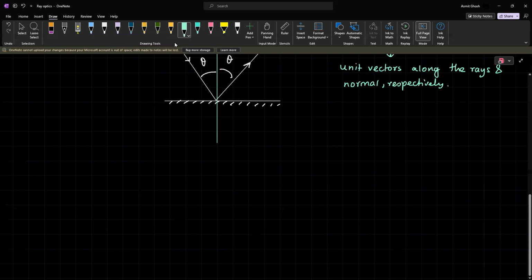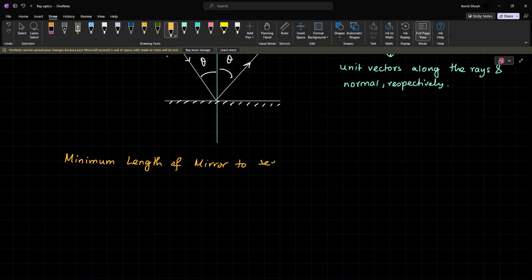Okay, one important thing you must know is the minimum length of mirror to see one's reflected image.